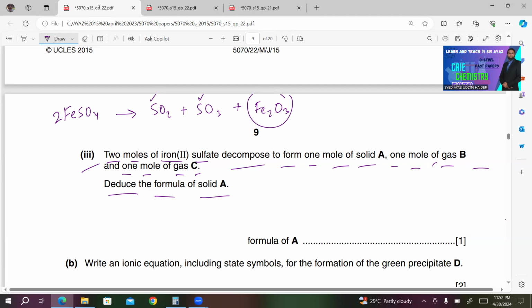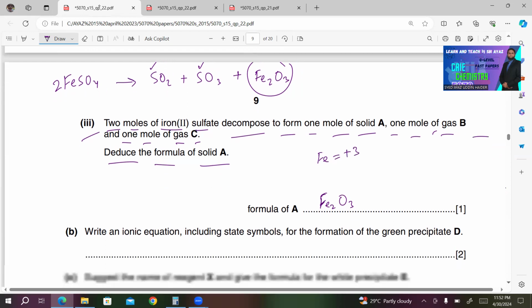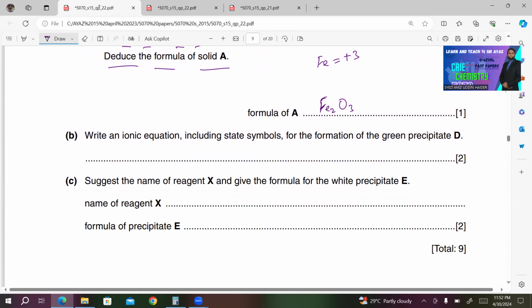Fe2O3 is left. That's why the formula of A must be Fe2O3. The other point is also true that it's of brown color. The reason is that Fe is carrying a +3 charge here. So Fe2O3 must be the right answer.